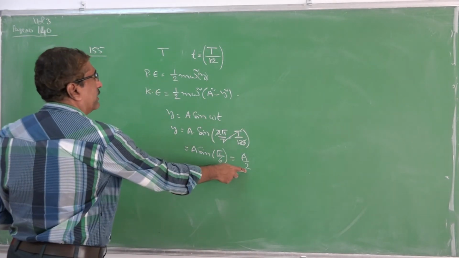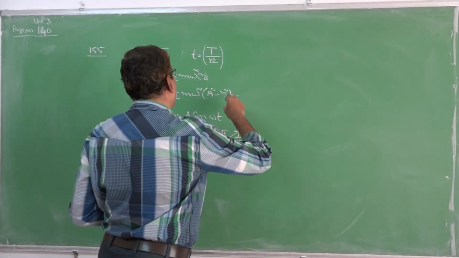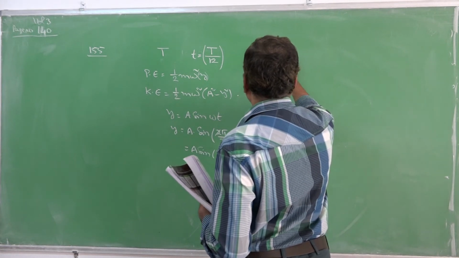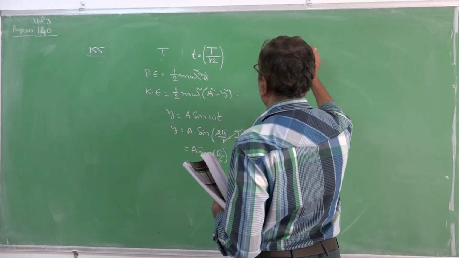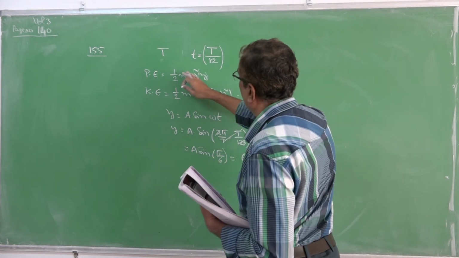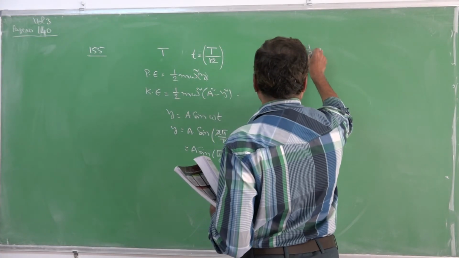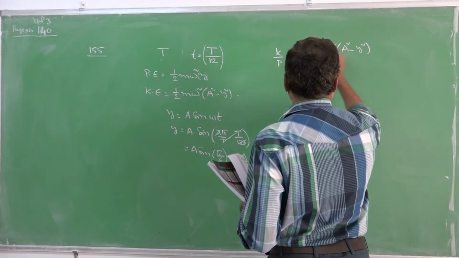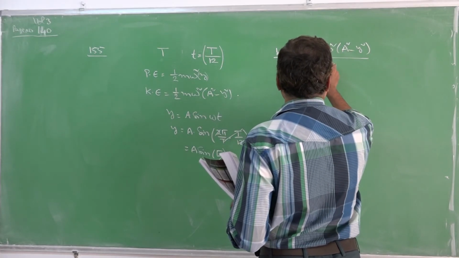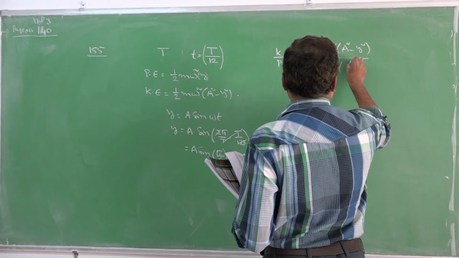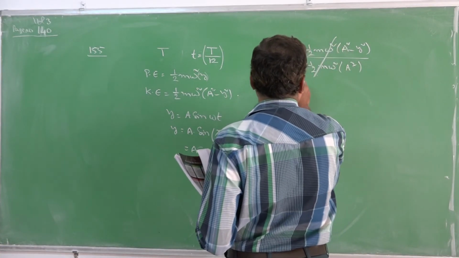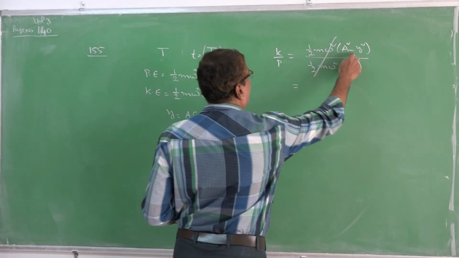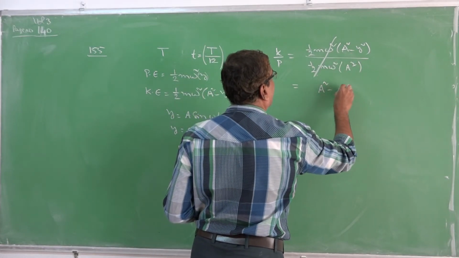If y is a by 2, now substituting in this, we calculate the ratio of kinetic energy to potential energy. Half m omega square into a square minus y square, by half m omega square into y square. We cancel out the common terms. Already we calculated y as a by 2, so y square is a square by 4.